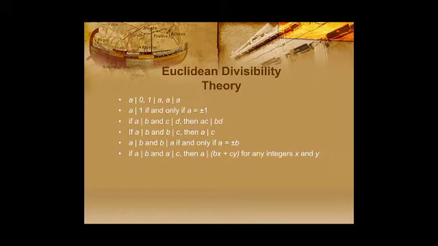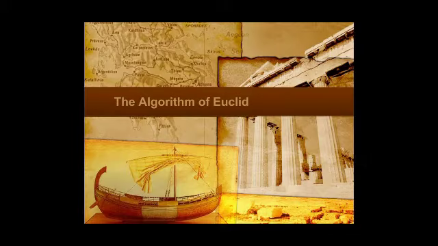The following is Euclidean divisibility theory. You can see the following equation in this. Next is the algorithm of Euclid. Division theorem. For integers a and b with b greater than 0, there exist unique integers q and r satisfying a equals qb plus r, where r is greater than or equal to 0 and less than b.